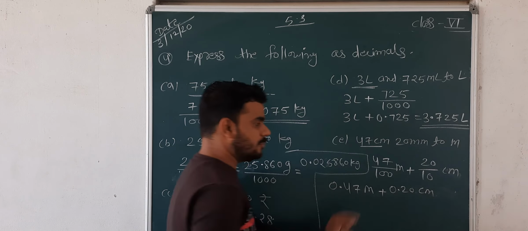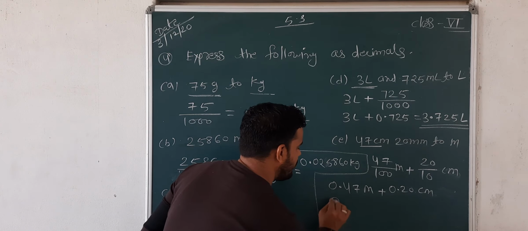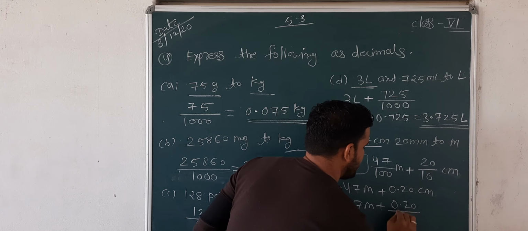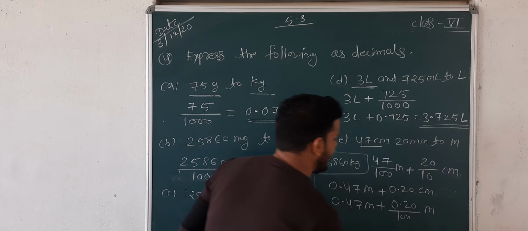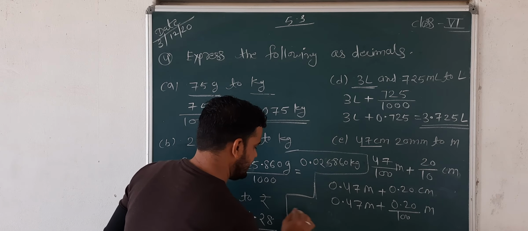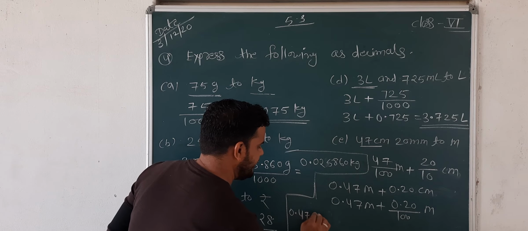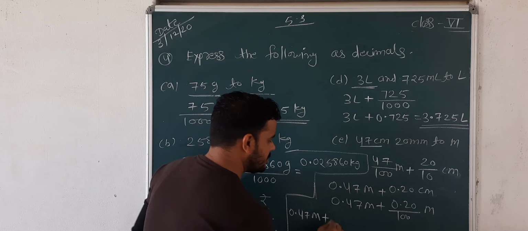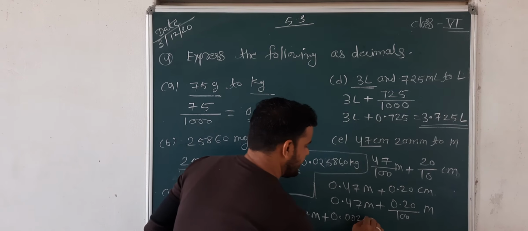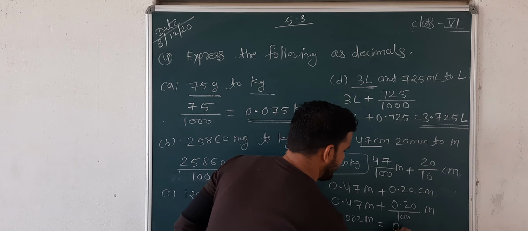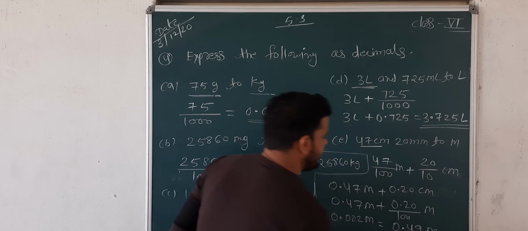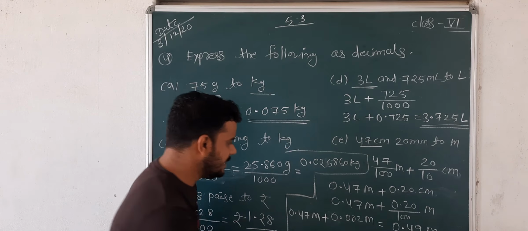So again we have to change in meter. So 0.47 meter plus 2.0 upon 100, then meter. Final answer is 0.47 meter plus this is also 0.02 meter. Okay, so then you got your final answer. You have to add both of these.